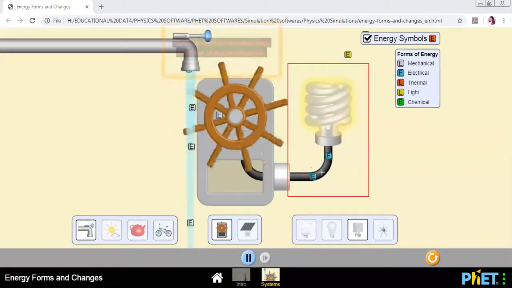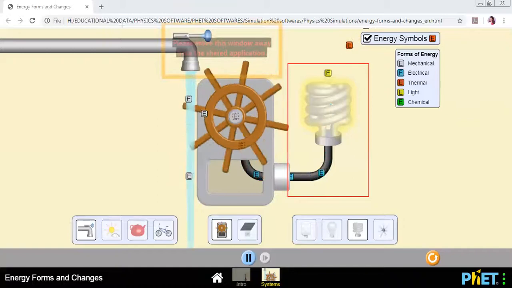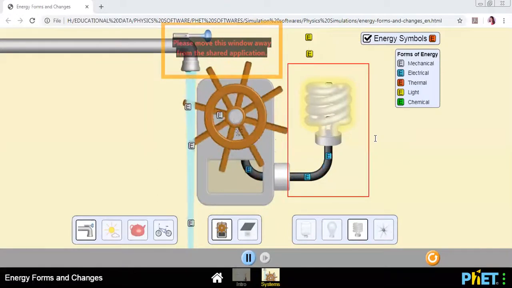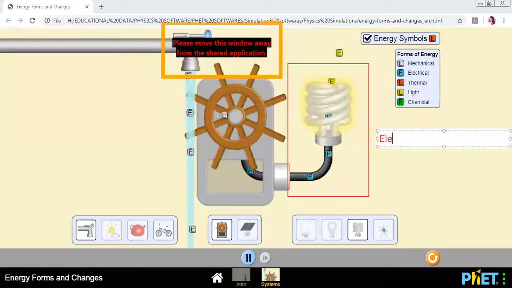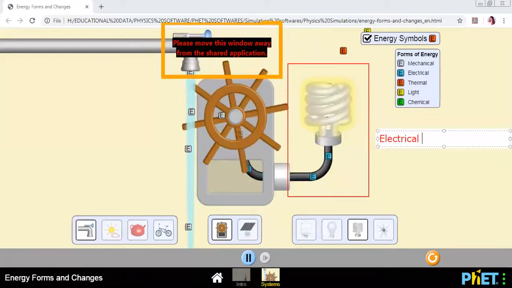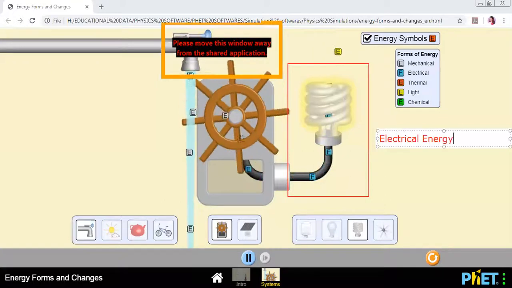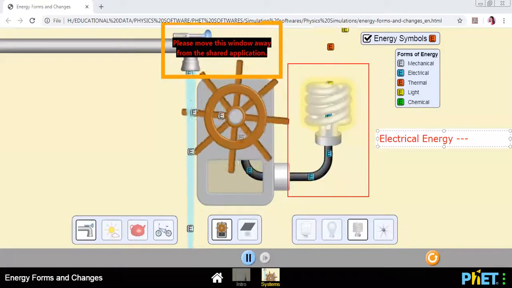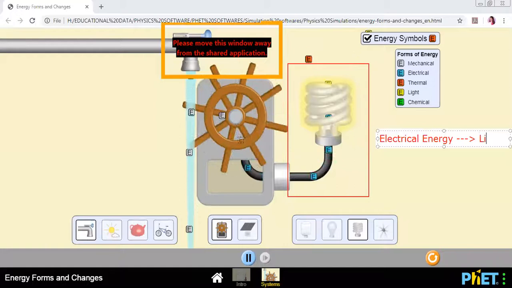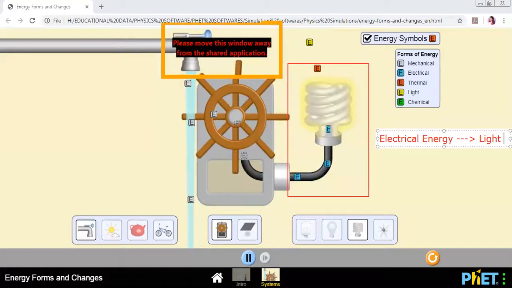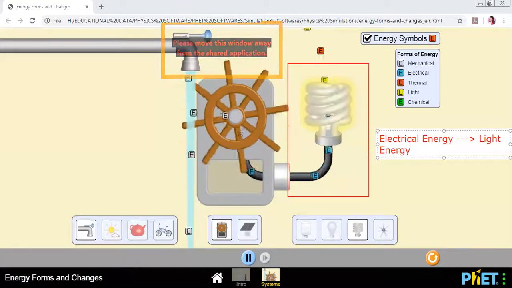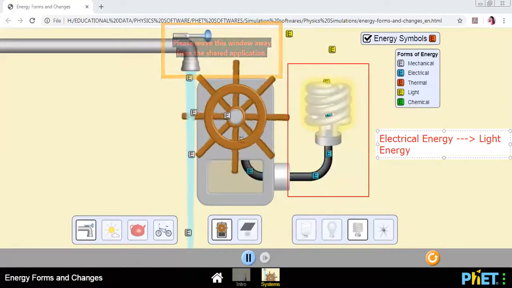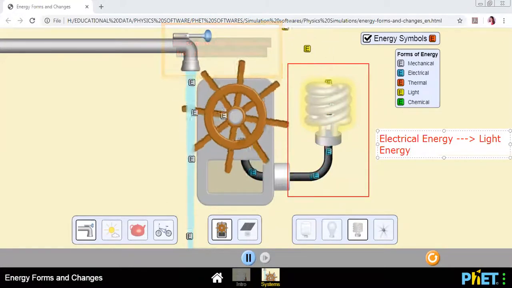So you will find here the energy conversion is directly from electrical energy. You will find it's converting into light. What's the energy conversion? You will find the electrical energy is getting converted into light energy.